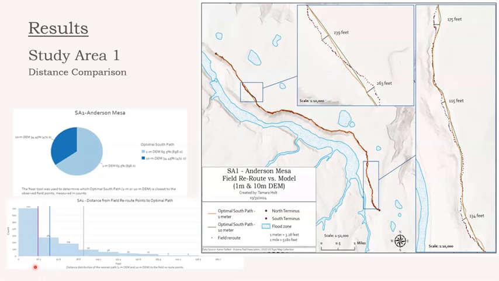Of the 1,370 field points, 700, or 51%, were within 26.3 feet of the optimal path generated by the model. The 1-meter DEM path was closest to 898 field points, or 66%, and the 10-meter DEM was closest to 472 field points, or 34%.